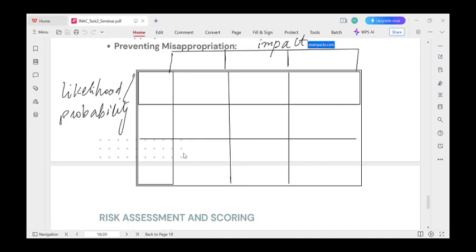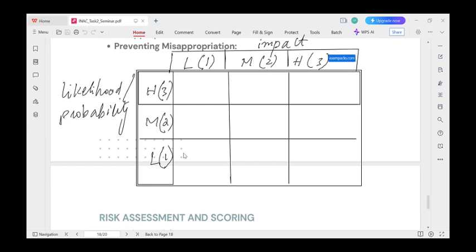The likelihood can be high, medium, low. Or let's make it the other way around, it looks better. Low, medium, and high. Then we're going to score it 1, 2, and 3.